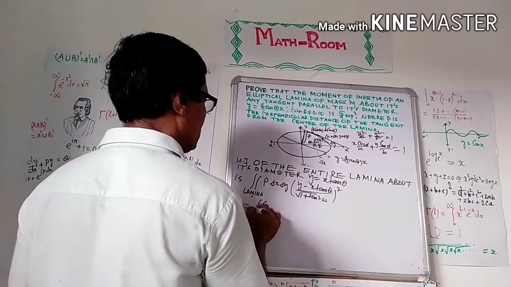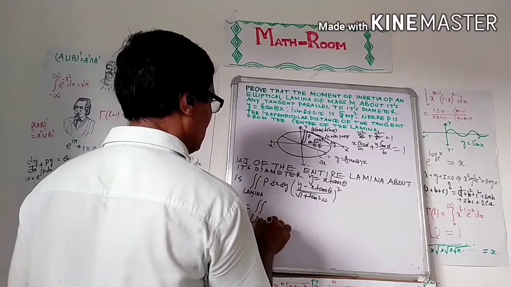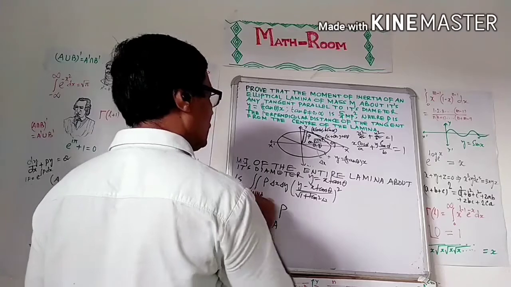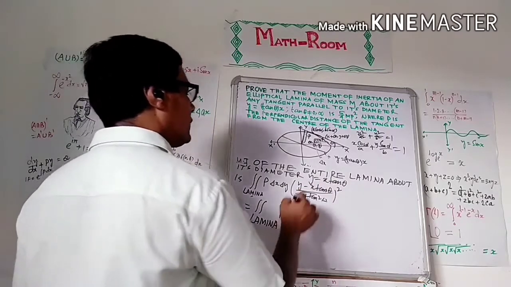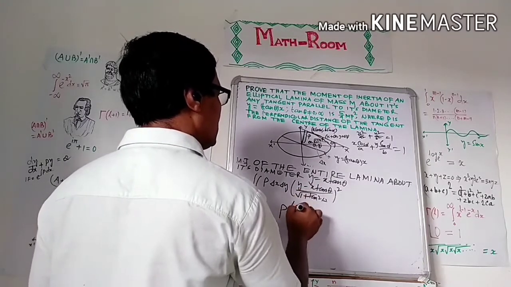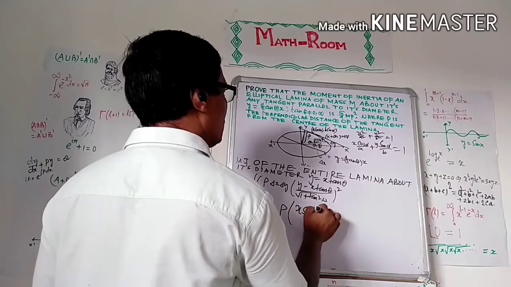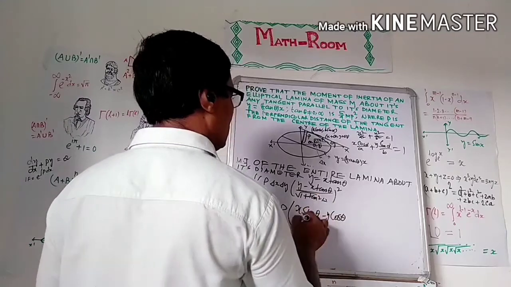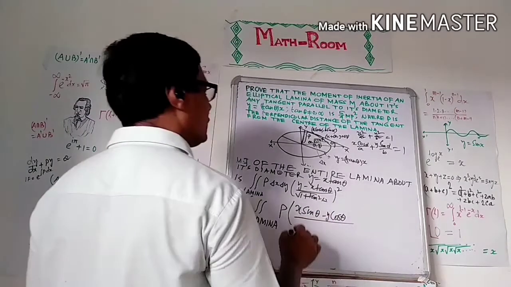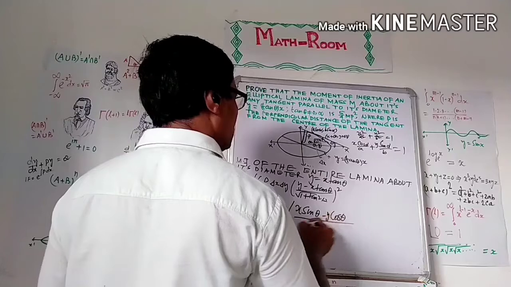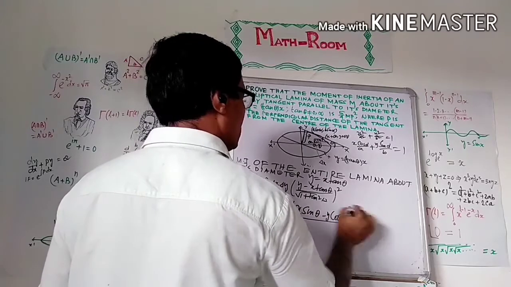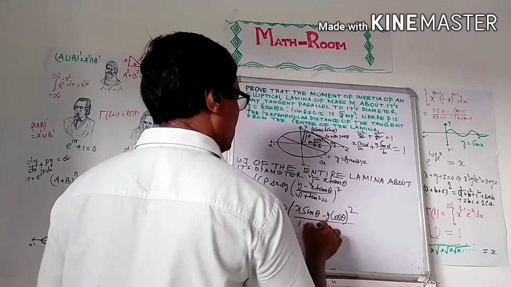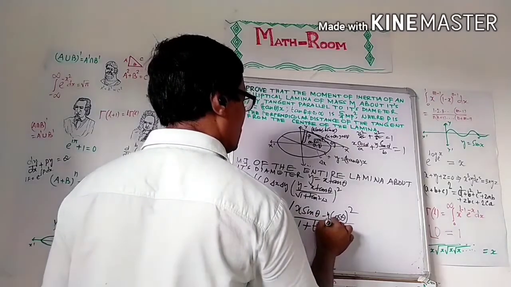Equal to the double integration throughout the lamina of rho. If you simplify this term, we get (x sin theta minus y cos theta) whole square over 1 plus tan square theta.